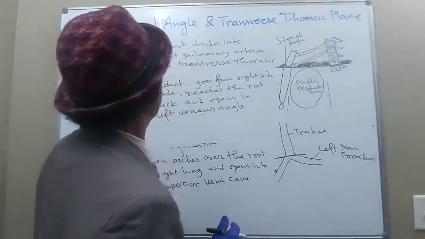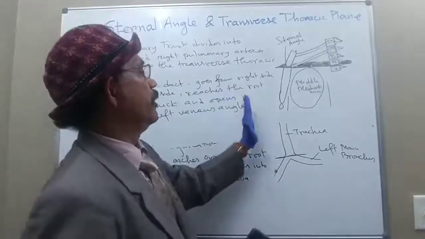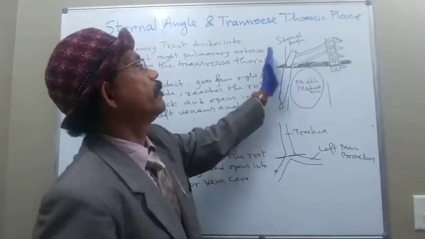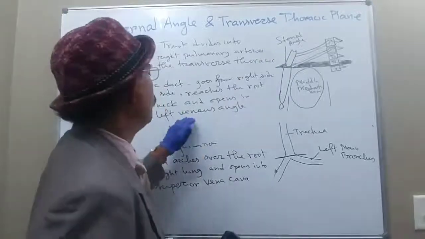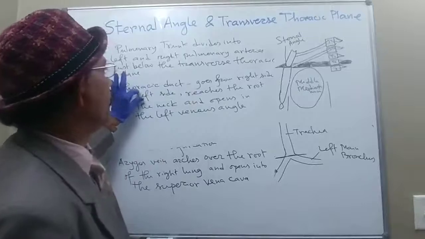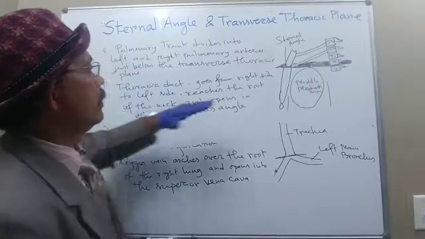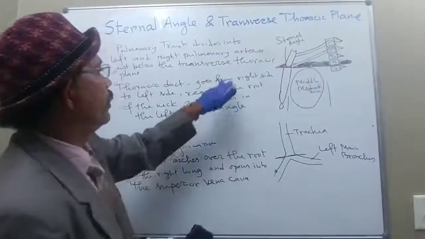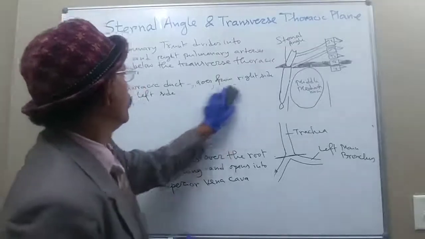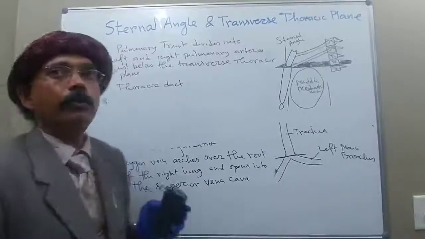So the thoracic duct is also at this level. At this level, it goes along the side of the vertebra, it is on the right side, then it turns to the left side, then it ascends, goes to the root of the neck, and opens in the left venous angle. So we get this part where it turns from the right to the left side. This part is at the level of the transverse thoracic plane, where it goes from the right side to the left side. Okay, we got the thoracic duct. Now, what other structure will we get?